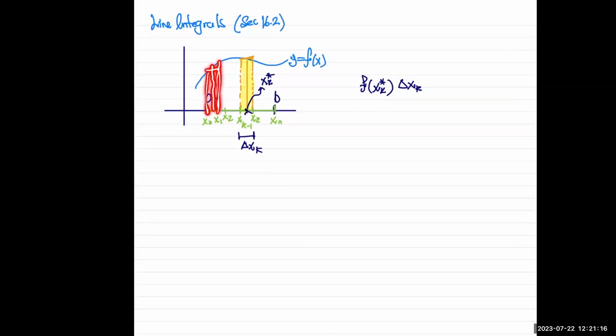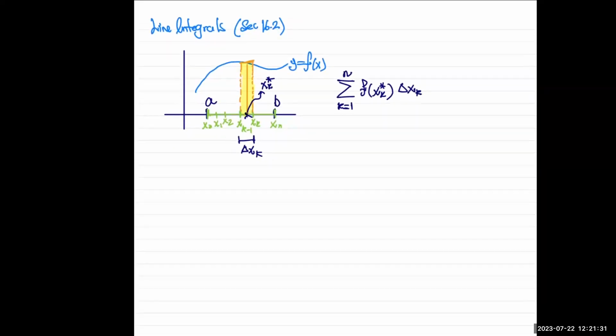Okay, so this is done for all intervals. You draw rectangles over each interval and you add them up, k or i, whatever you want to call the index, it doesn't really matter. So k from 1 to n gives you the total of those areas.